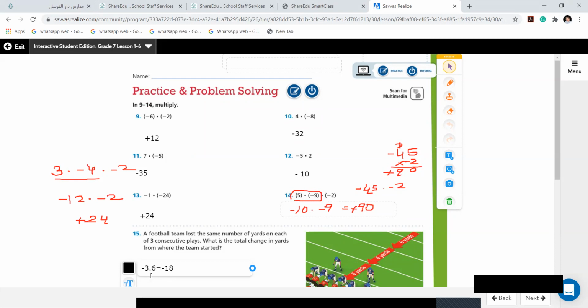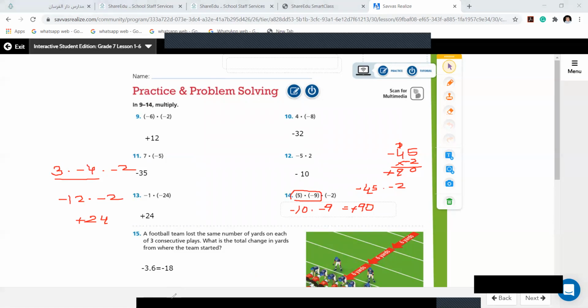Minus 18. Because they lost in 3 plays, I put there minus 3. And why do I put multiplication? Because you have to put a dot there. And then how many yards is given in the picture? 6. So your answer is minus 18.